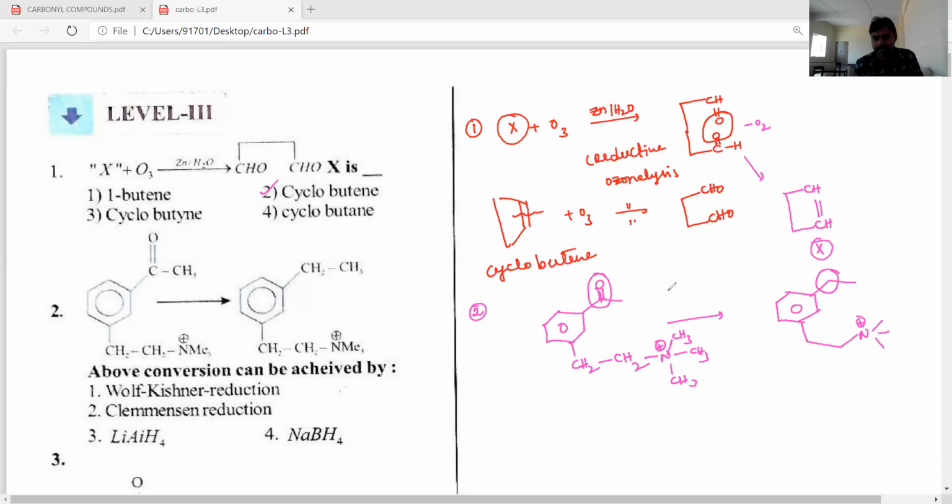It is possible in the presence of zinc amalgam and HCl, which means Clemmensen reduction. In the Clemmensen reduction, it takes place in acidic medium.